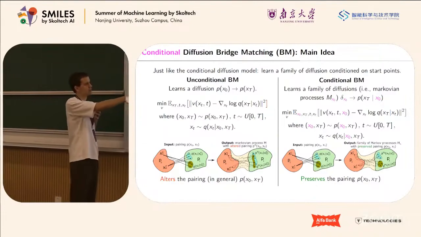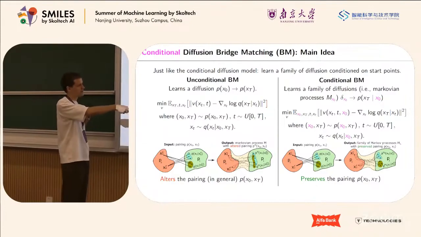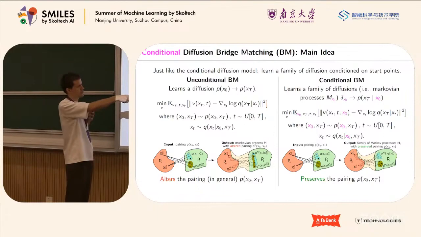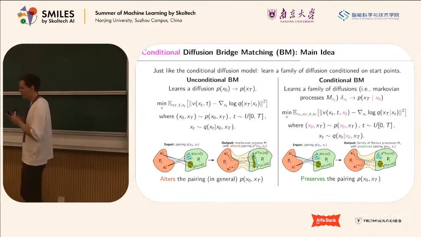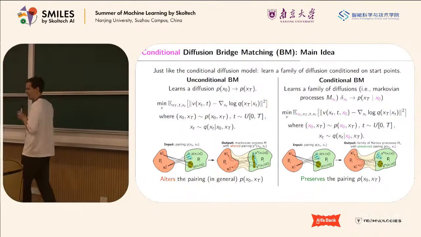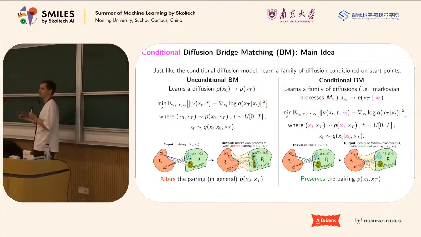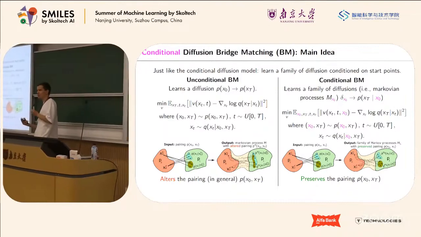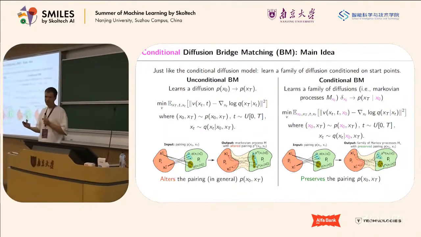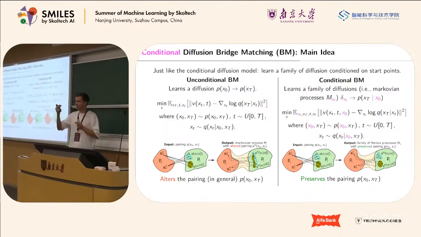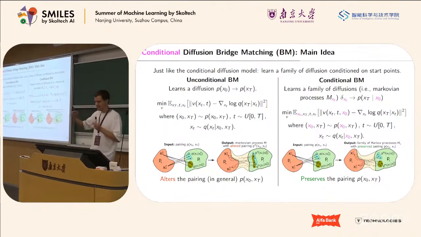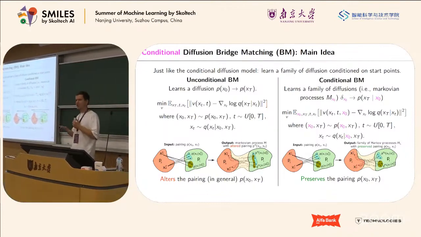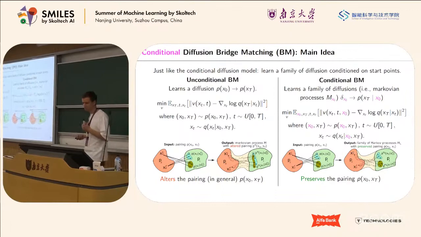Each diffusion process maps each particular data point to the distribution which corresponds to this data point. So we simultaneously learn a family of bridge matching models, and each bridge matching model is designed specifically for this point, to map it to some conditional distribution of data in the second domain which corresponds to this input point.